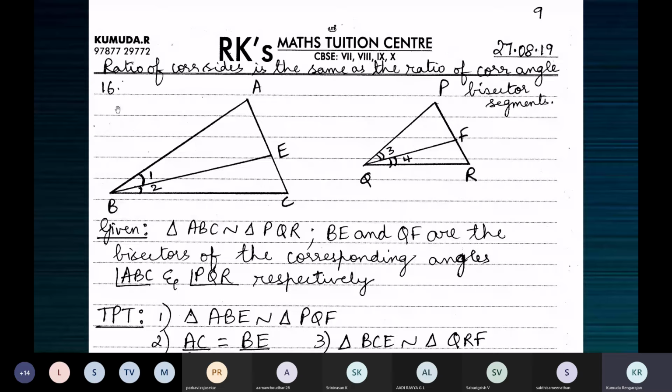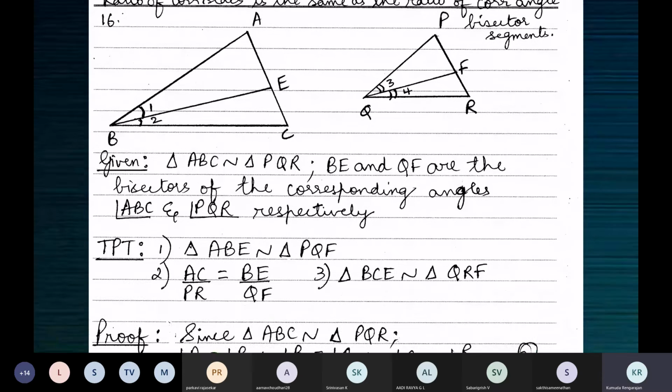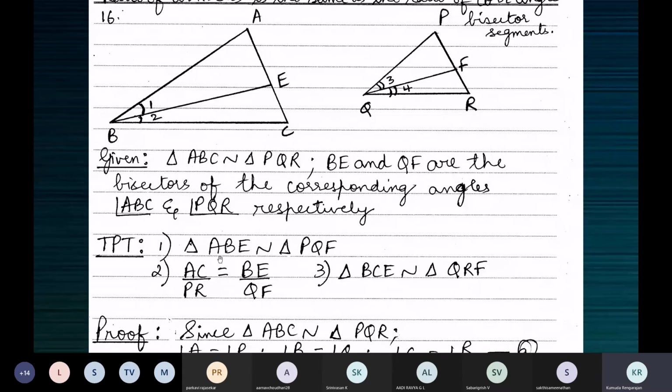We only know that angle 1 is equal to angle 2, that is, BE bisects angle B and QF bisects angle Q. Angle 3 is equal to 4. You see? I told you. These three questions, I've just made them look alike.